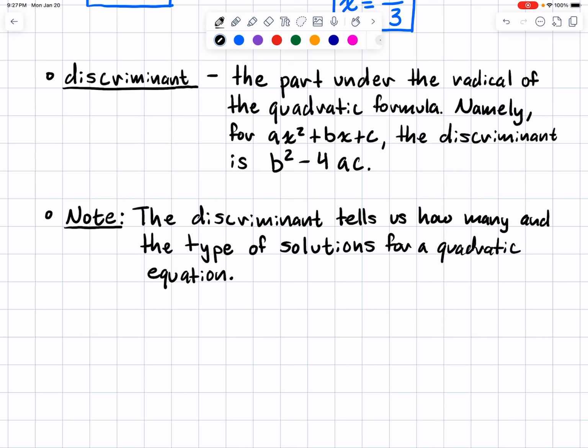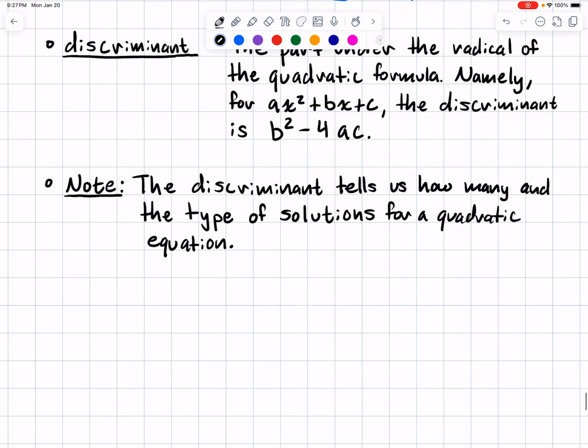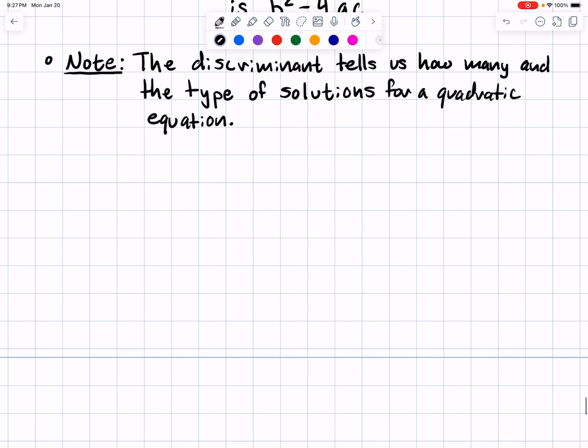Okay, so how does it do that? Well, we have a little chart that we're going to make. So, number and types of solutions of quadratic equations.